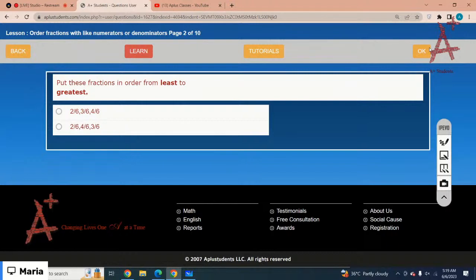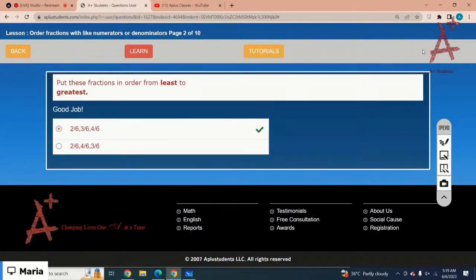Option number 1 is the correct option. It would be 1 by 6, 3 by 6 and 4 by 6. Very good.